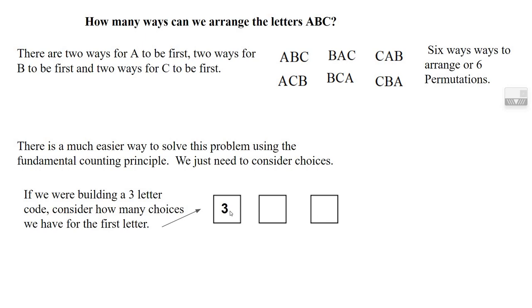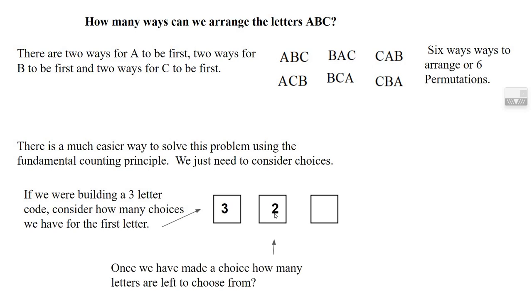Well, I've got 3 choices. No matter what letter I choose, how many choices would I have left for the second one? Well, if I pick one, I'll have 2 for the second choice. So 3 choices, 2 choices, and for the third box, if you've chosen 2 of the letters, you're only going to have 1 choice left.